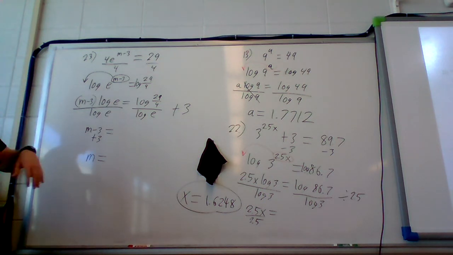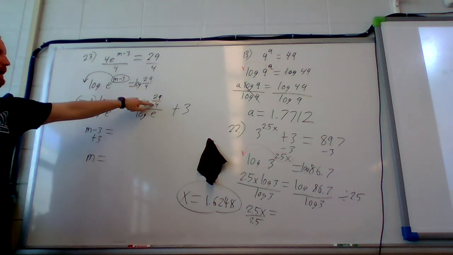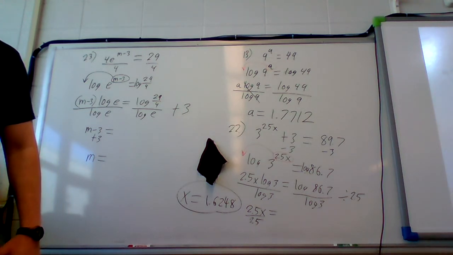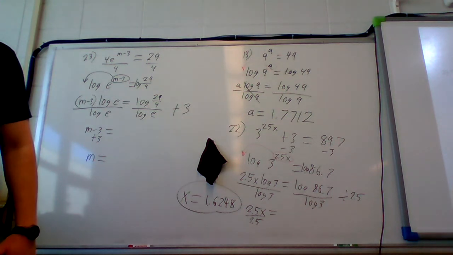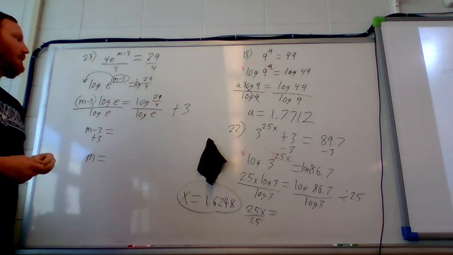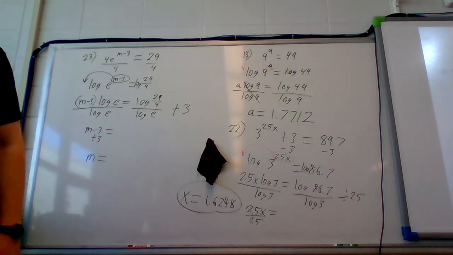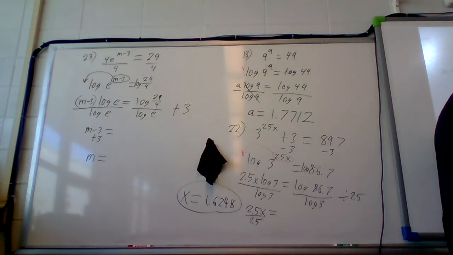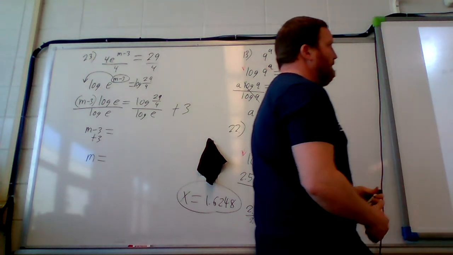So then we can plug that right to our calculator. So we've got log of 29/4. Where is E on the computer? So E is second and then your division sign. Okay. So log 29/4. Make sure to close those parentheses around that. Divided by log of E. And again, the E is your little blue second division sign on your calculator.